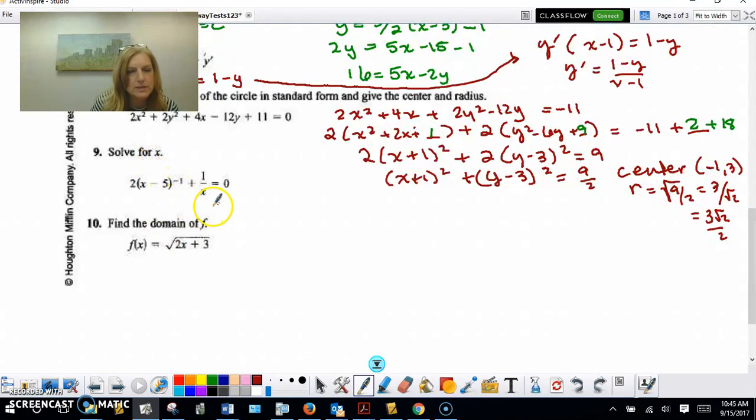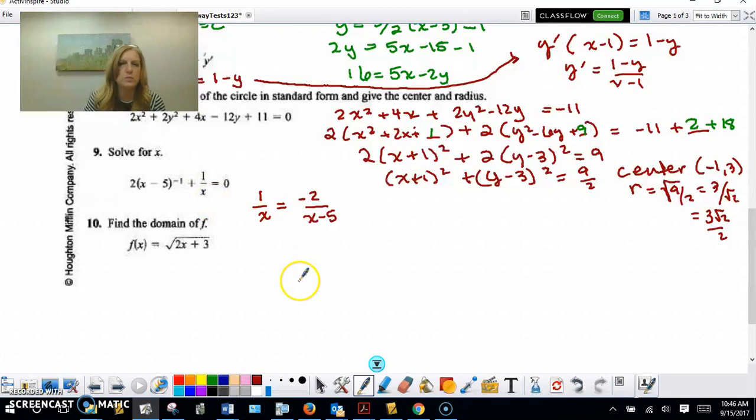Solve for x. So probably the first thing that you would look at here is, because I have a fraction and then this, I would probably move this over to this side and I would also cross multiply. So I would probably do 1 over x equals -2 over my x minus 5.